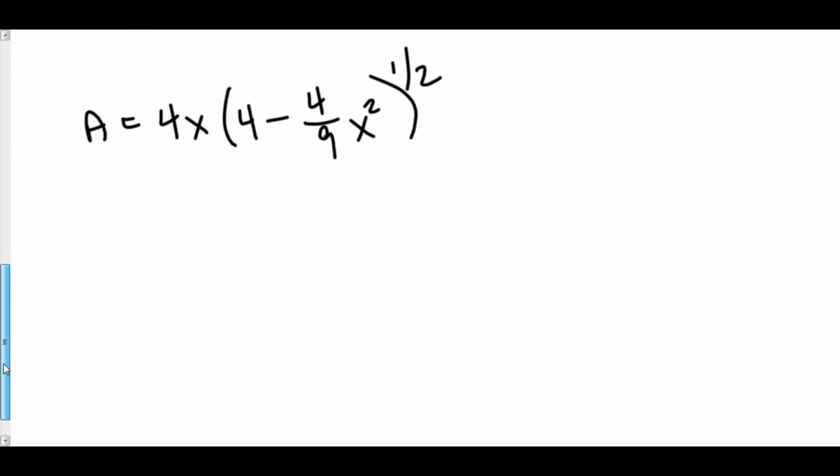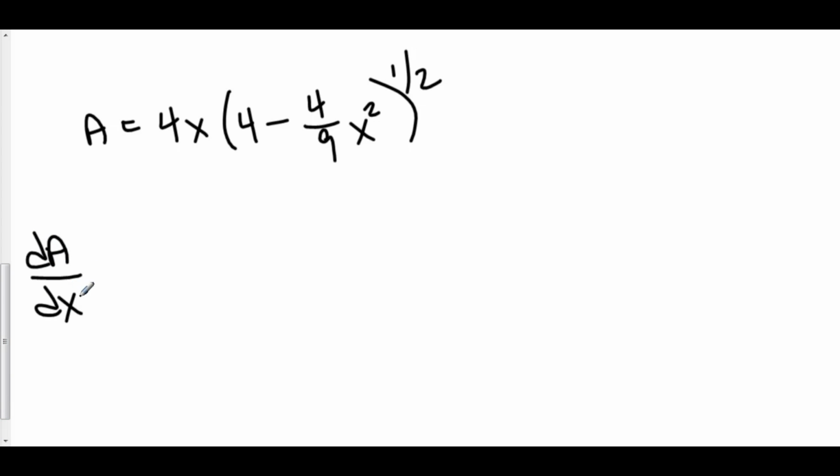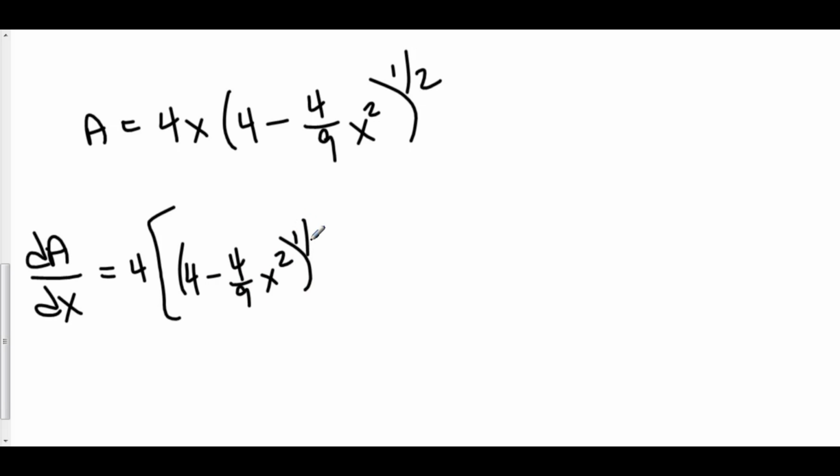Now we're going to have to use product rule and chain rule in our derivative. dA/dx is equal to, let's pull out this 4, the derivative of the first, the derivative of x is 1, times the second, 4 minus 4 over 9 x squared to the 1/2, plus the first, which is x, times the derivative of the second.